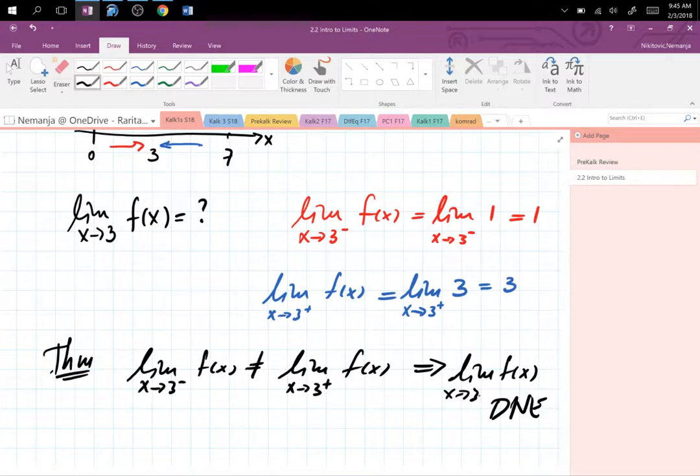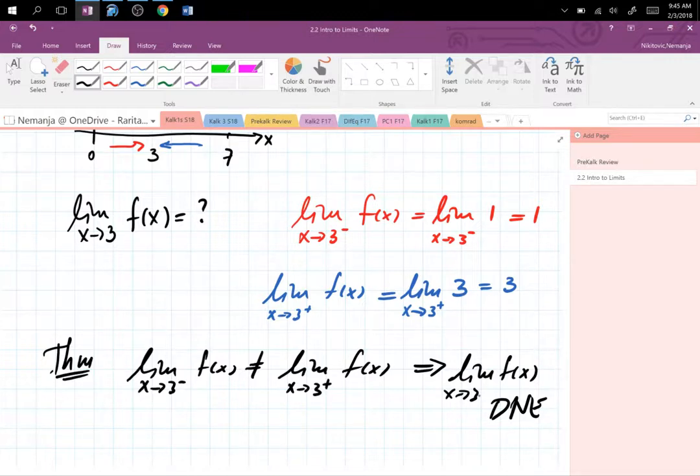Well, if x is 3, I get 1. If x is 3, I get 3. No bueno, right? The limit does not exist. So in a nutshell, limit is calculating y values. In this particular case, we have 2 different y values for the same x.